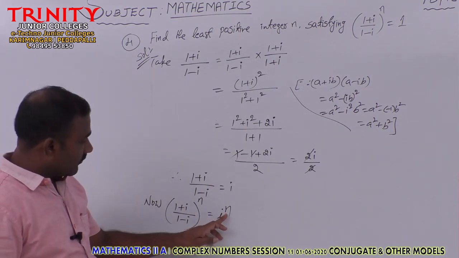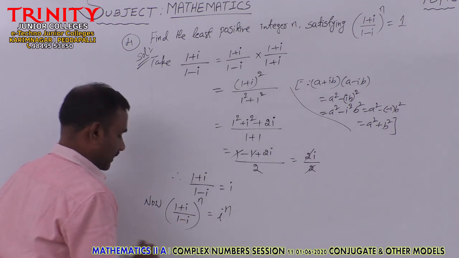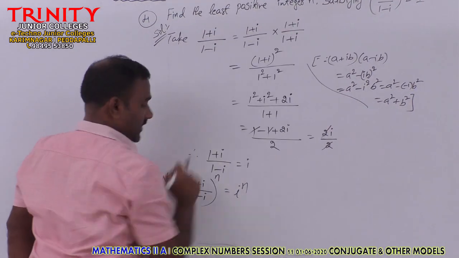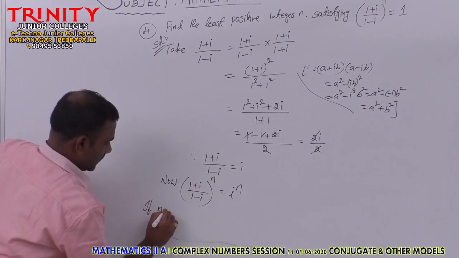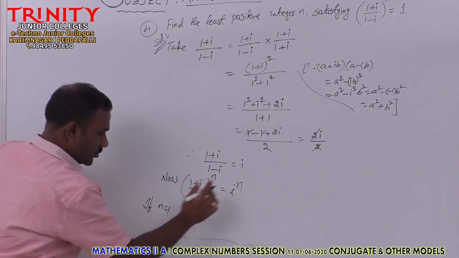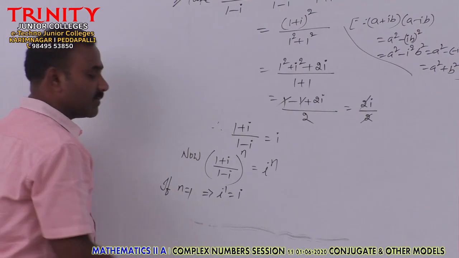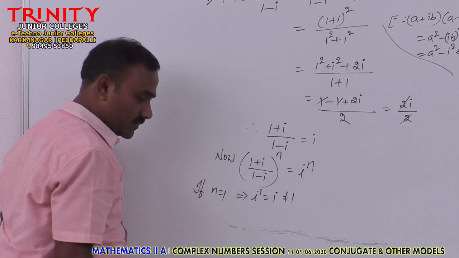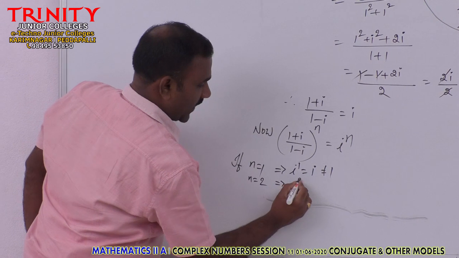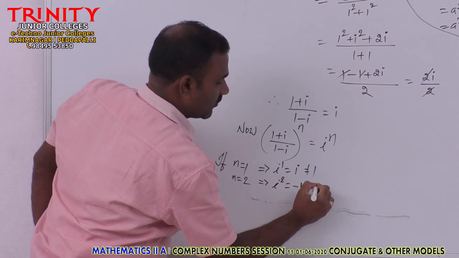Suppose for the least positive integer I take n = 1, then i^1 is i, which is not equal to 1. If n = 2, i² we know is −1. Is it equivalent to 1? No.